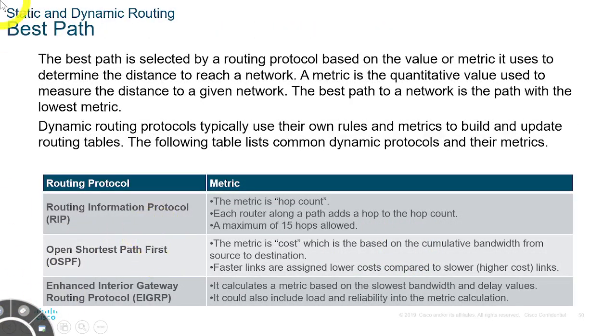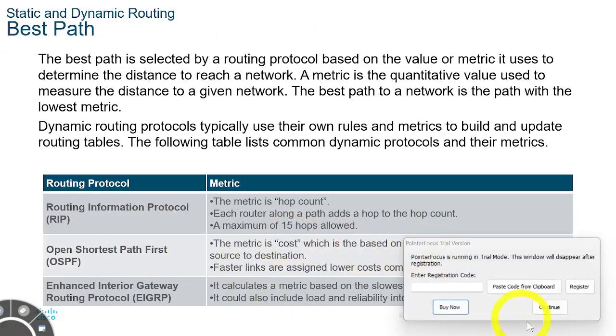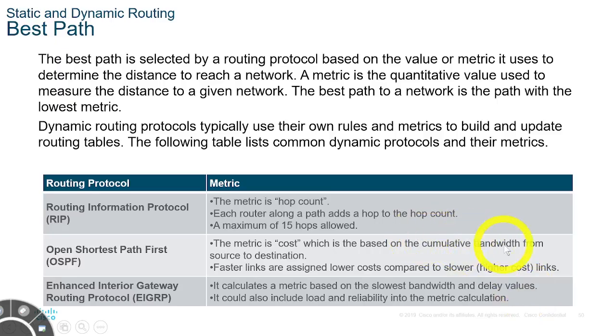OSPF's shortest path metric is cost, which is based on the cumulative bandwidth from the source to the destination. For example, the first link is Ethernet, the second link is serial, the third link is another fiber, for example, and there's also another path using Ethernet.